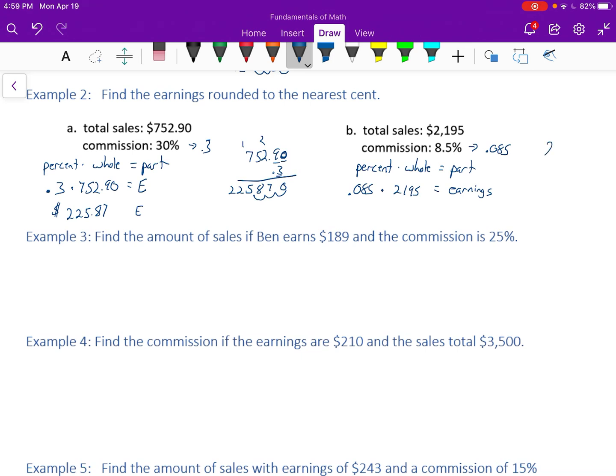So we have 2,195 times 0.085. Multiply that.